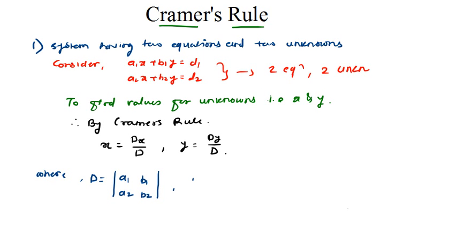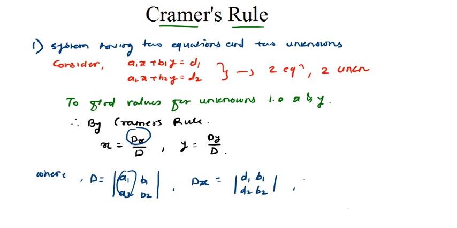And this Dx is again a determinant, but instead of a1 and a2, there will be d1 and d2, and the same b1, b2.